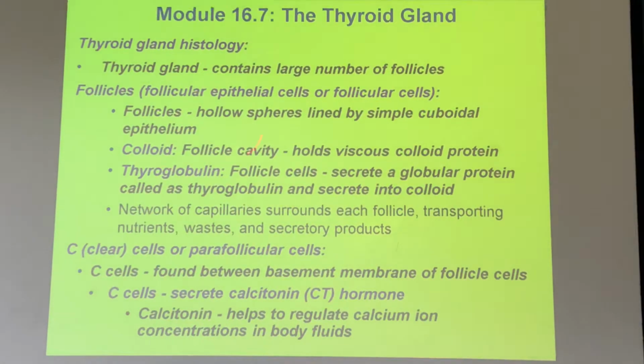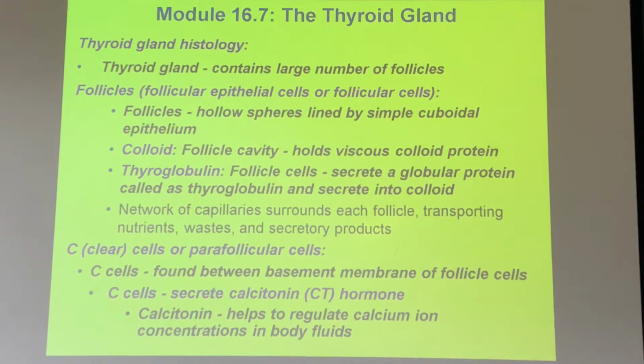So if you see this colloid, the follicles are hollow spheres, there is nothing in there. They are lined by simple cuboidal epithelium. In P1, you must have done epithelial cells, which are of different kinds, simple and stratified. Stratified means multiple layers, simple means one layer.